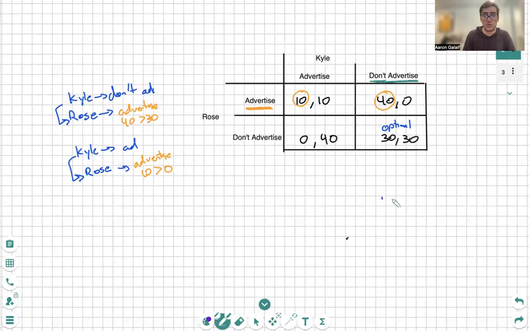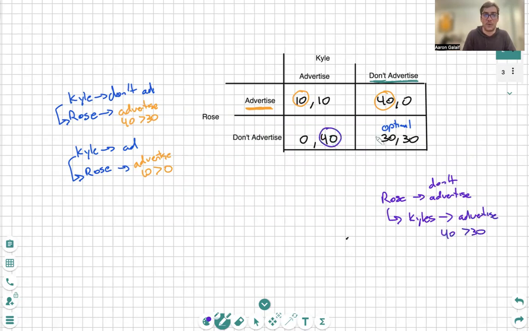So if Rose were to not advertise, Kyle's best response, if we look at the chart, is to advertise. And that is because 40 is greater than 30.